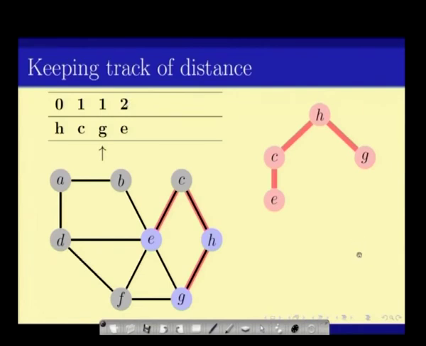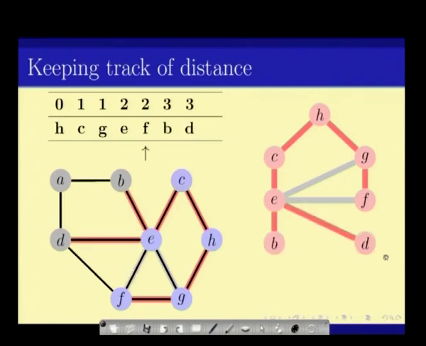Now, I look at G. At this point, G has 2 edges going out, F and E. Note here that for F I write the distance as 2, but the edge to E is not selected because E is already selected. So, it is a non-tree edge. Similarly, for E we do the same thing, we look at its neighbors, and look at this F, we also see that there is some new edge, and so on.